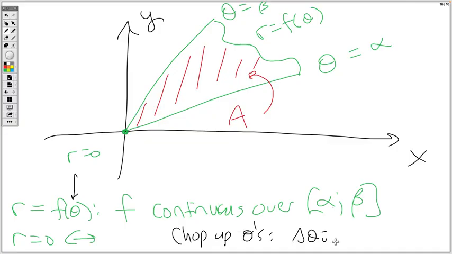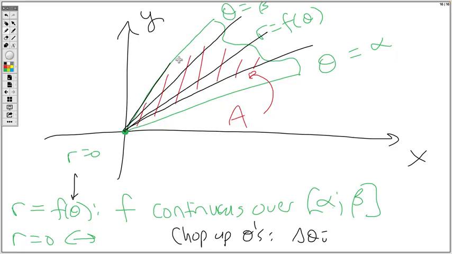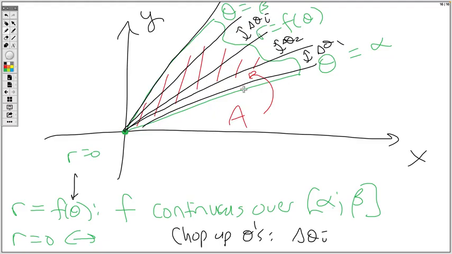We're rotating from alpha to beta. So when we chop up the thetas, you follow? That's what it's going to look like. These are your delta thetas. You with me or not?